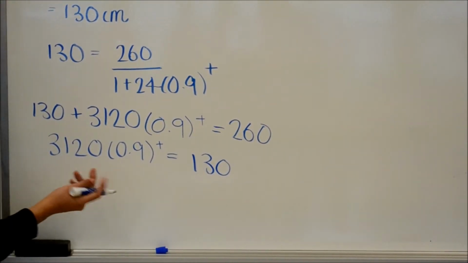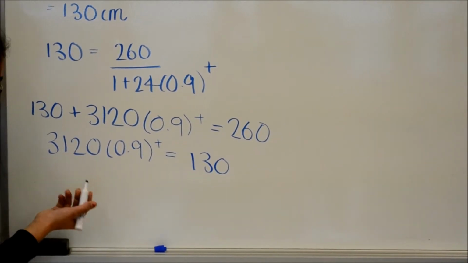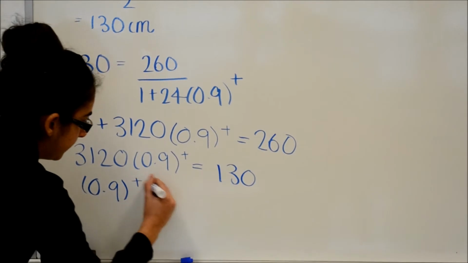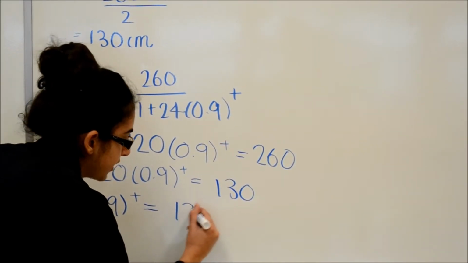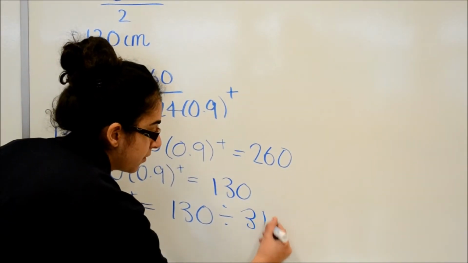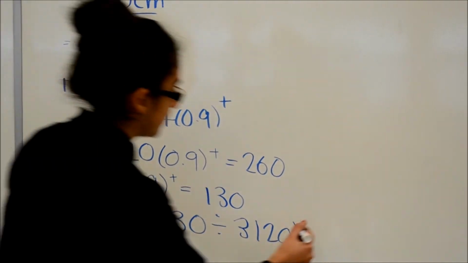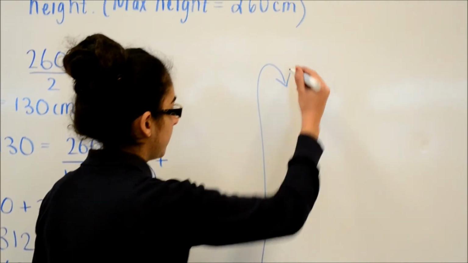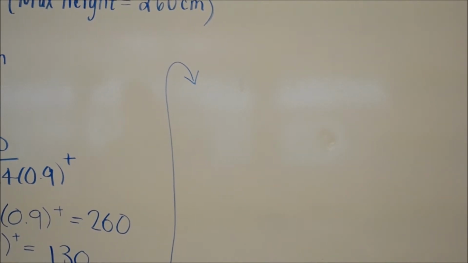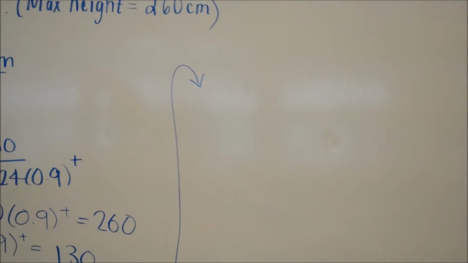Now, let's divide both sides by 3,120 to remove it from the side. So it's going to be 0.9 to the power of t is equal to 130 divided by 3,120. Let's continue on this side. Since we have this, now we're going to take the log of both sides to get t by itself.